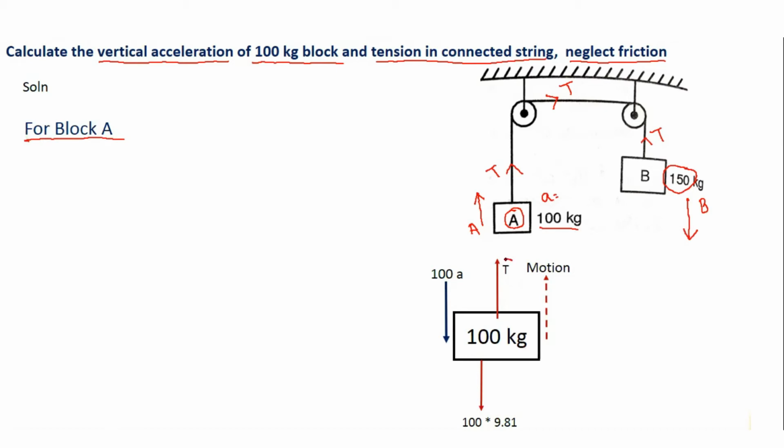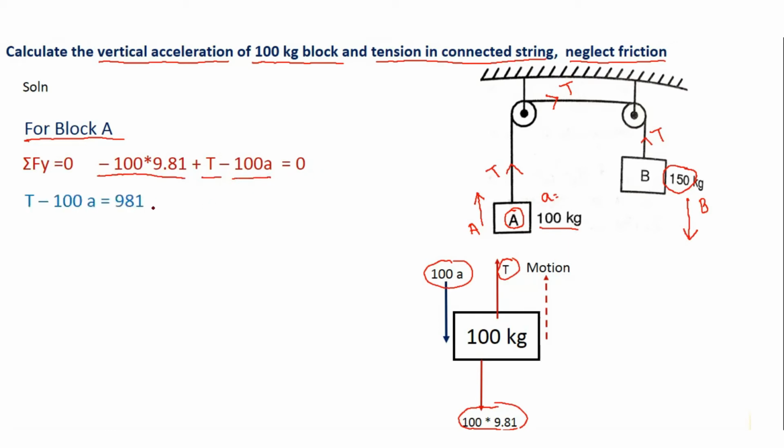I have three forces, that is T, 100A and 100 into 9.81. Writing it in equation form, I get minus 100 into 9.81 because it is going downside, plus T minus 100A is equal to 0. Just by rearranging, I will get T minus 100A is equal to 981, and let this be equation number 1. We can't apply summation of Fx equal to 0 because there is no force in the x direction.